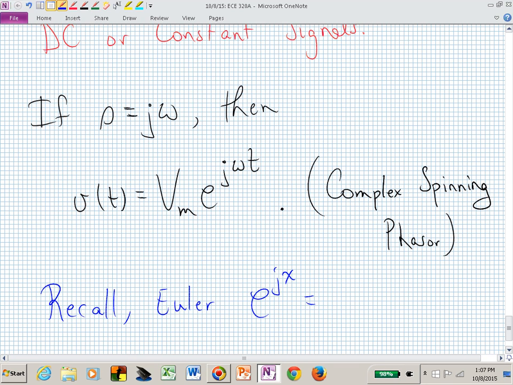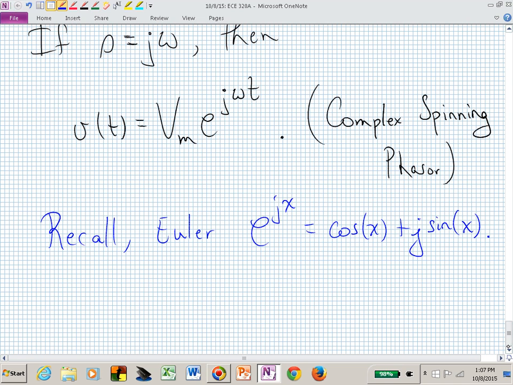So this is now cosine of x plus j sine of x. That's Euler. Meaning if we wanted to put v of t back into the real world, or to make it real, we could simply take the real component of the right-hand side for v of t.